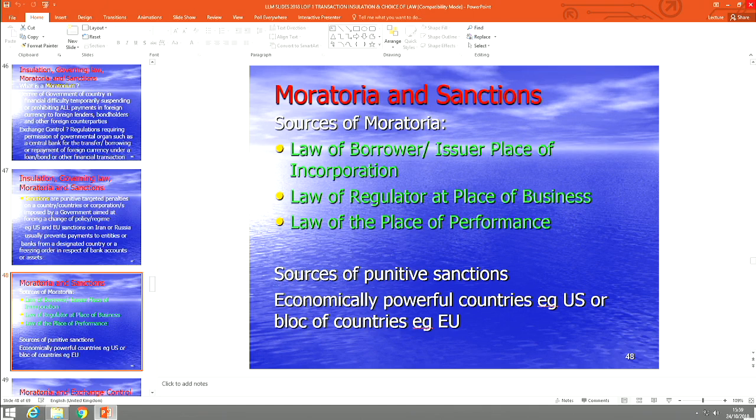Because the question that arises in relation to a moratorium under the old close connection rule was: the Argentine moratorium, subject to Argentine loans and bonds subject to New York law, express clauses. Could it be overridden by Argentine law?